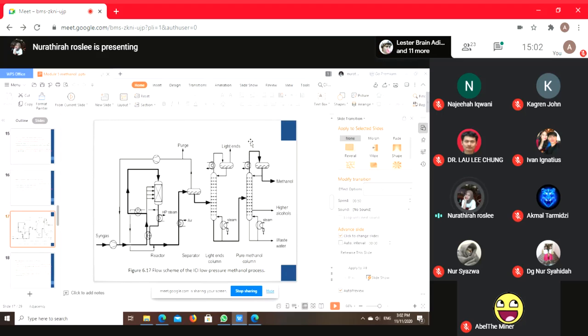Gas is recycled after purging a small part to keep the level of inerts in the loop within limit. Crude methanol is purified in two columns: the first column removes gases and other light impurities, and the second column separates methanol from heavy alcohols and water.